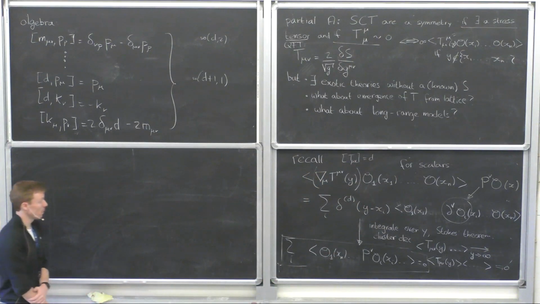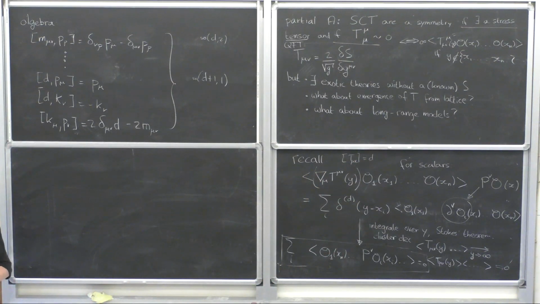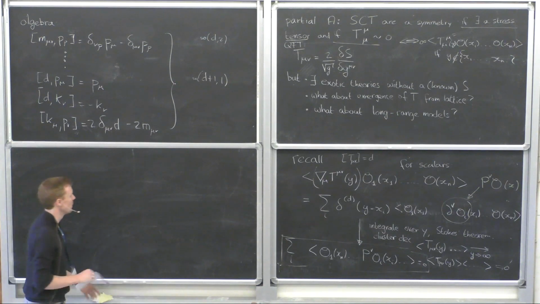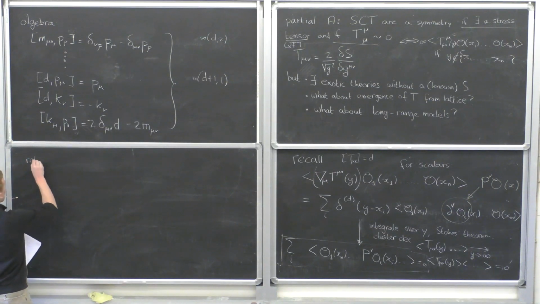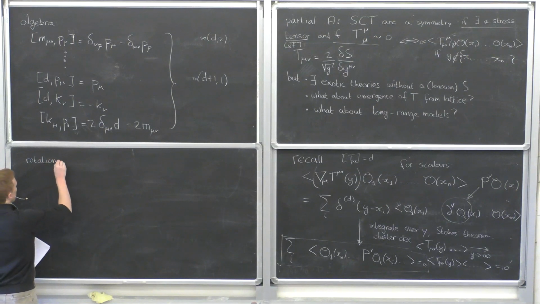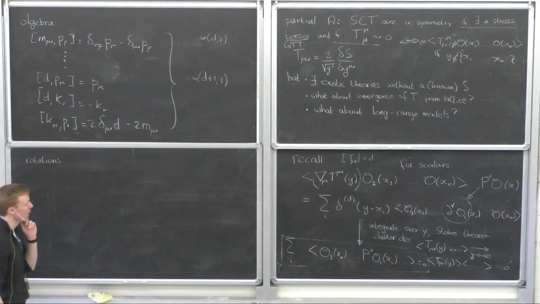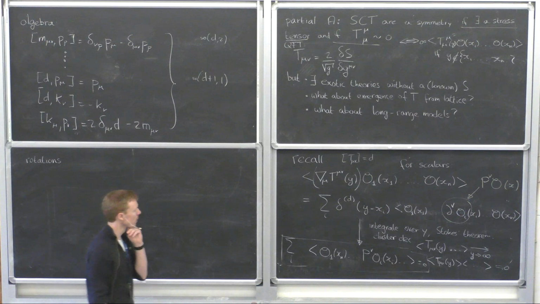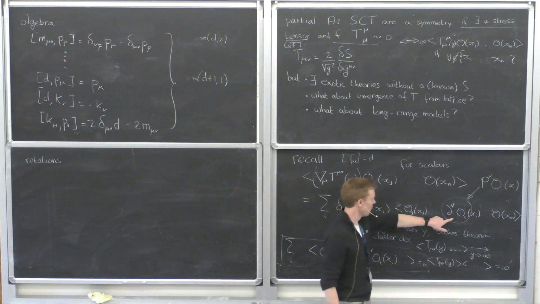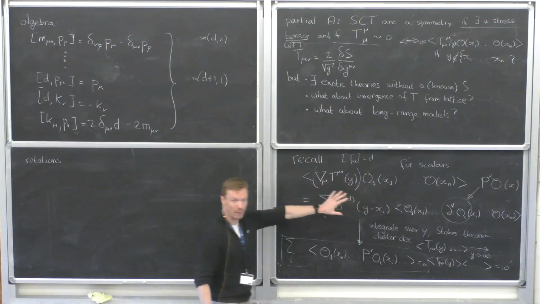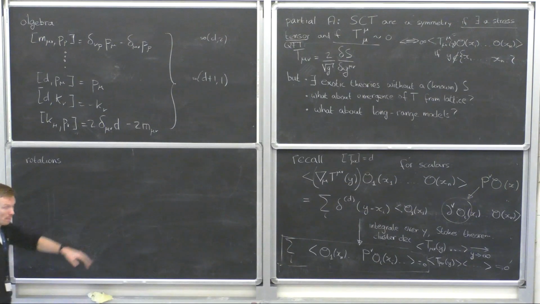So what about rotations? Well, the same works for rotations. For tensors it's a little bit more subtle because there are derivatives of delta functions appearing on the right-hand side, so things are a bit more complicated.